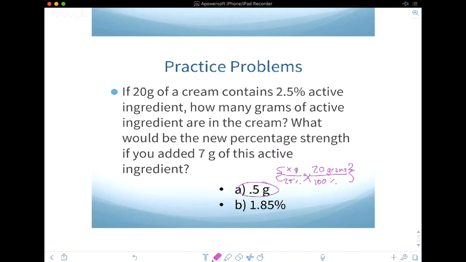What would be the new percentage strength if you added 7 grams of this active ingredient? So basically it's giving you the same thing, but you're adding 7 grams now, so the total active ingredient is now going to be 7.5 grams, and we want to know what the new percentage is, because the 20 grams is still going to be the 100%, but it's not the 20 grams anymore, is it?